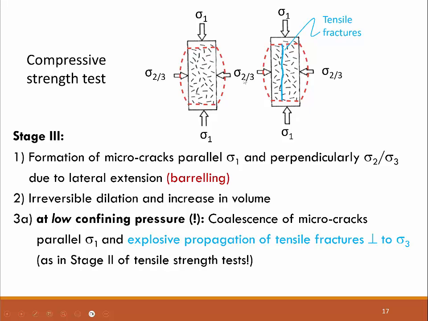And at low confining stress, that means when sigma 2 and sigma 3 are relatively small, we find that these microfractures parallel to sigma 1 start coalescing, and they then form tensile fractures. And these tensile fractures also follow Griffith's criterion.